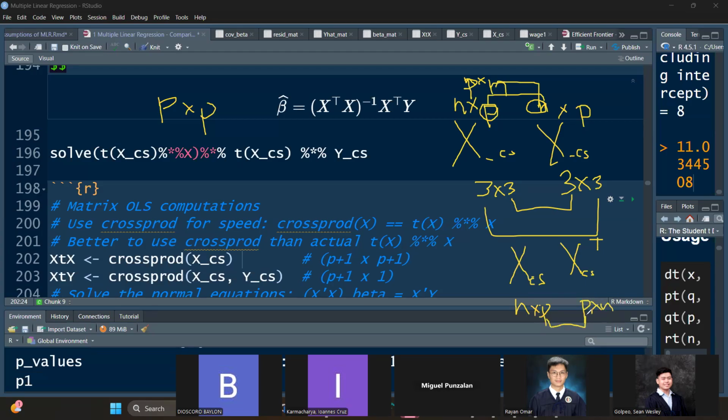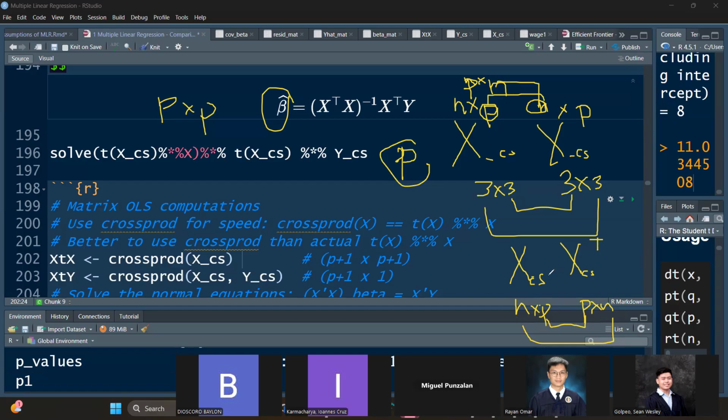So multiplicable, yes, class, that's correct. But this becomes n by n. And that's not what we want, because what we want is the size of the beta, the parameters, which is p. So we want the result to be size p. The row will be p and not n.